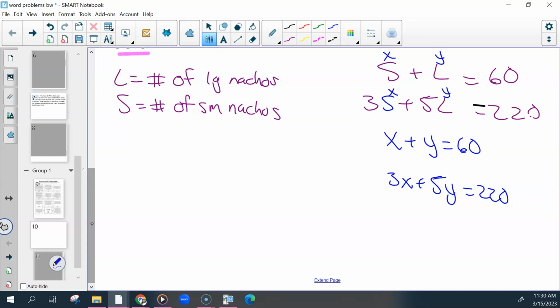Then we'll need to solve both equations. So solve them both for y. Get y by itself. So this one would give us y equals negative x plus 60.